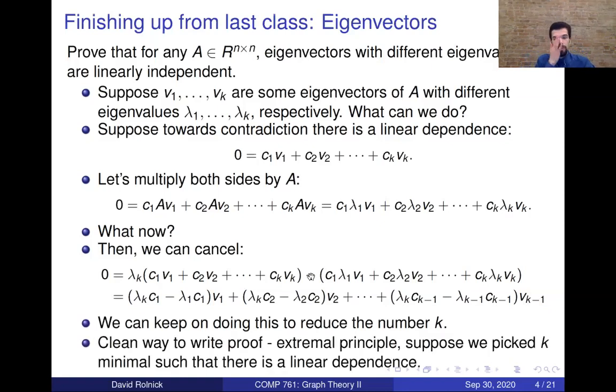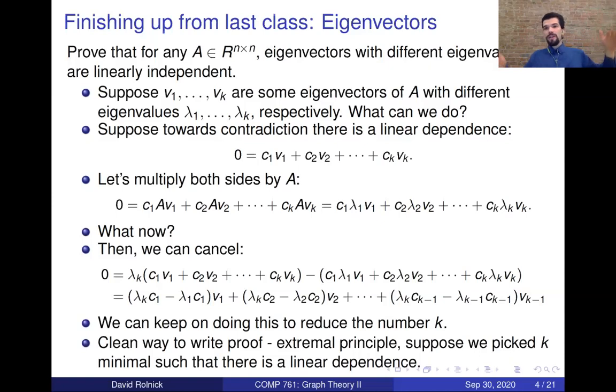Or there's a clean way to write the proof. Remember, we saw this extremal principle. We could say, suppose we picked the eigenvectors that were the smallest k to begin with, such that it was a linear dependence. Then, as long as we can reduce k, we can show that there's a smaller linear dependence. Contradiction, we're done. So this is the clean way to write it.